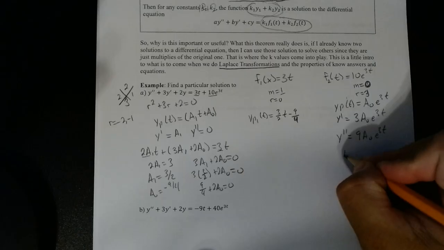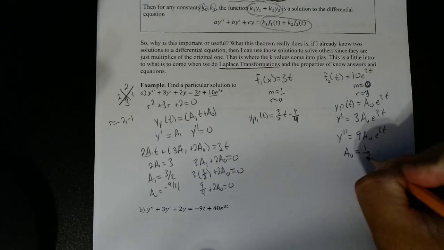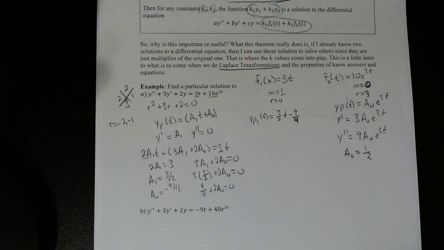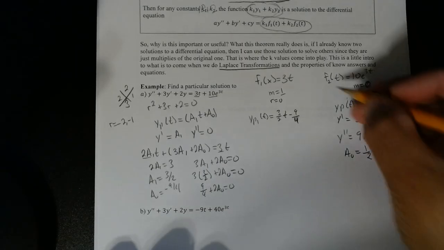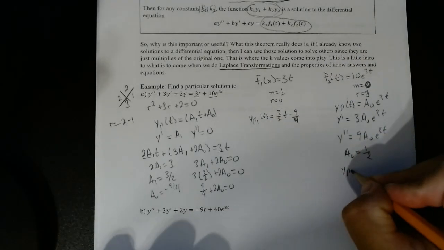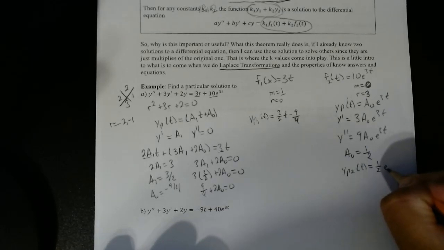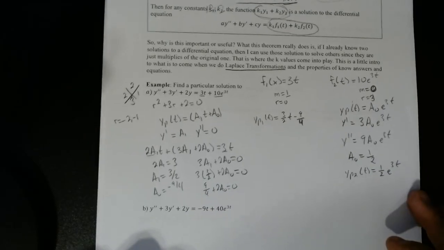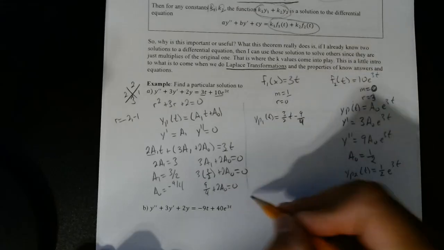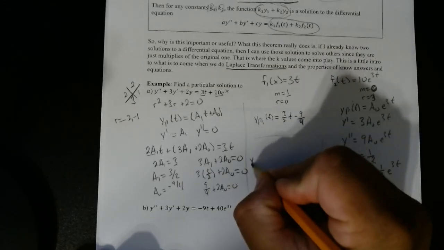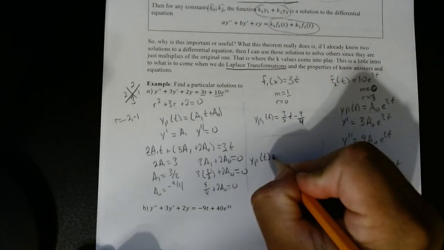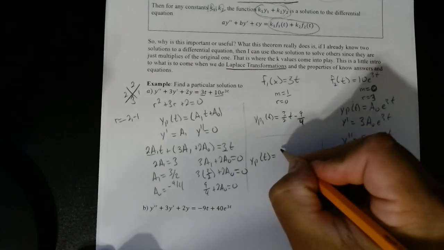After a little bit of process, we end up getting a0 equal to 1/2. So this particular solution, we'll call it P2, is equal to 1/2 e to the 3t. Putting these together now, my real particular solution would just be the sum of these put together.